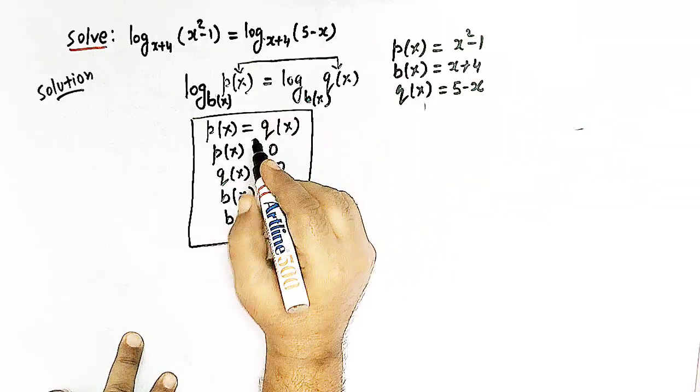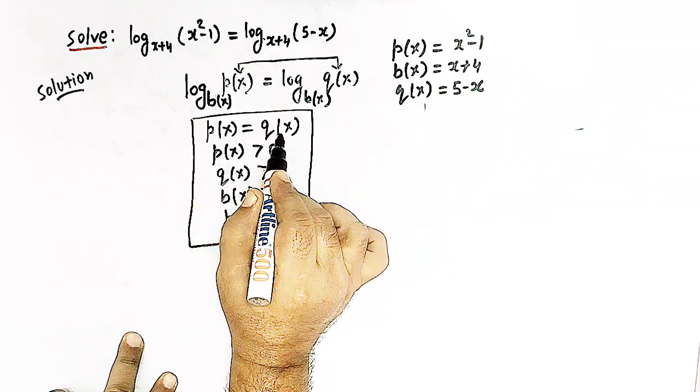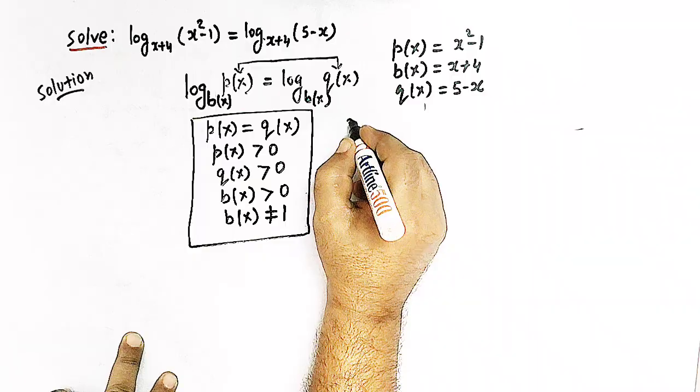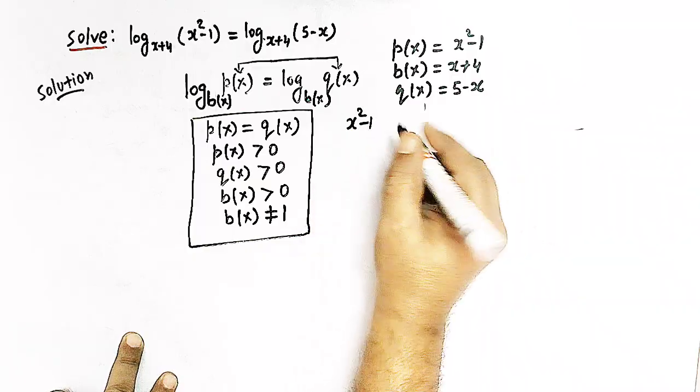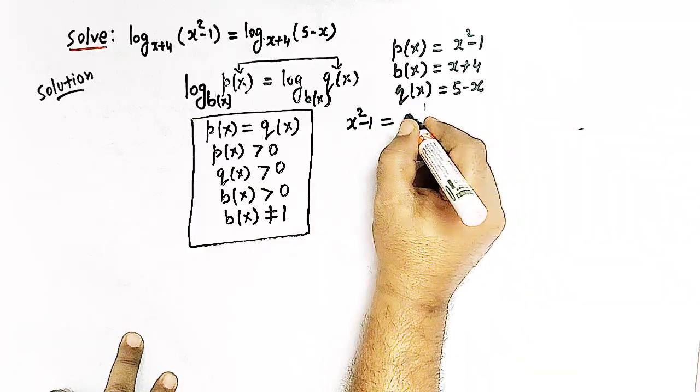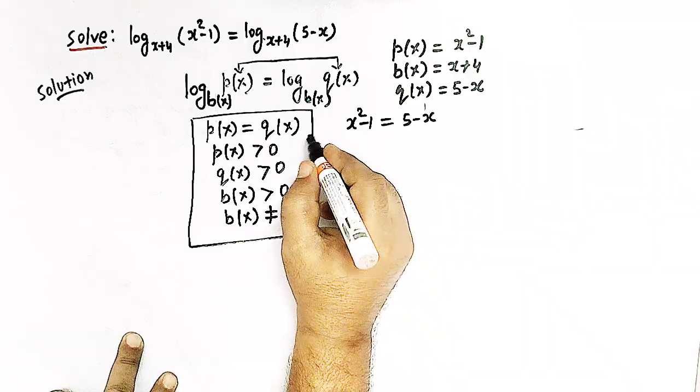So here we must have p of x is equal to q of x. So we have x square minus 1 is equal to 5 minus x, right?